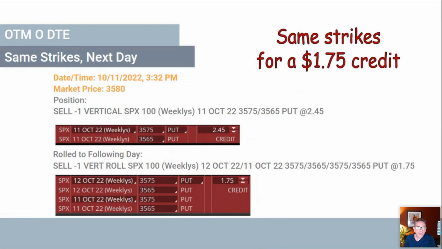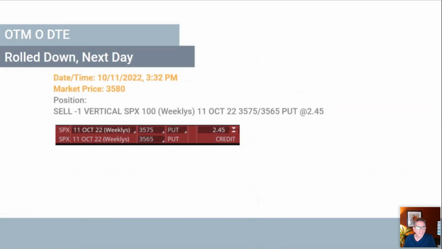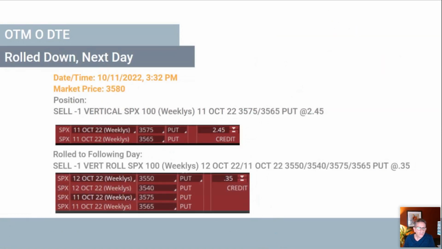So in this case, same strikes, you get a 1.75 credit. Now we're going to roll the position down and move it to the next day. In this case, I moved it down. I could probably have gotten a credit a little bit lower. But in any case, you understand that the credit is much lower than with the same strikes.